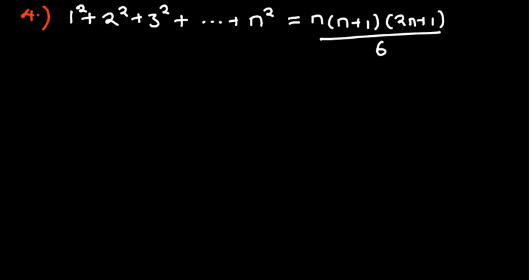We've got question 4. 1 squared plus 2 squared plus 3 squared plus ... plus n squared is equal to that. Now, I said it's very important that you try to observe the trend of a formula.